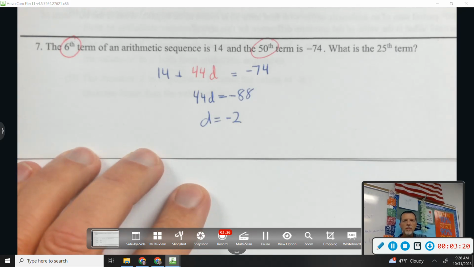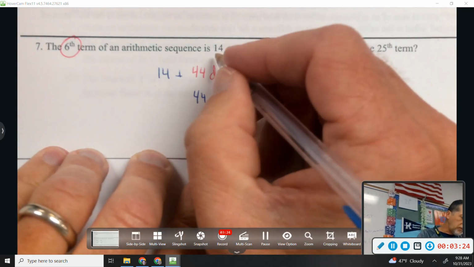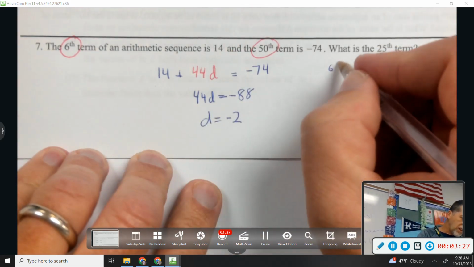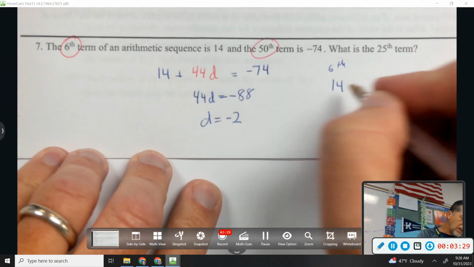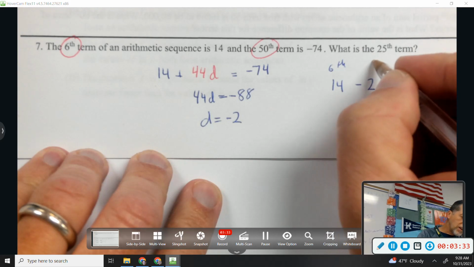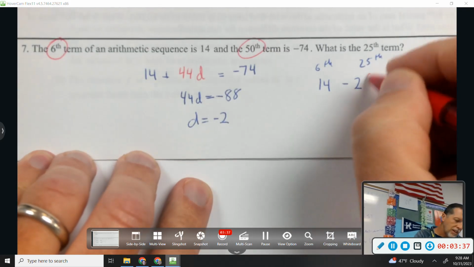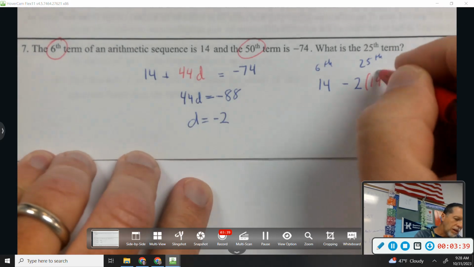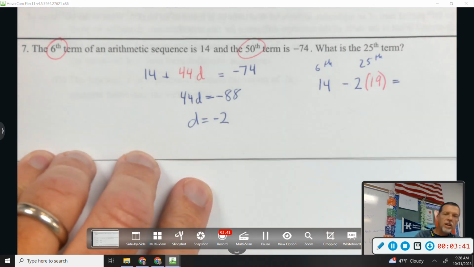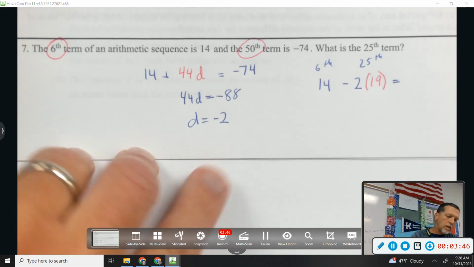What is the 25th term? I'm going to start with the 6th term, which is 14, and I'm going to subtract 2. How many times from 6 to 25? That would be 19 steps to get to the 25th term.